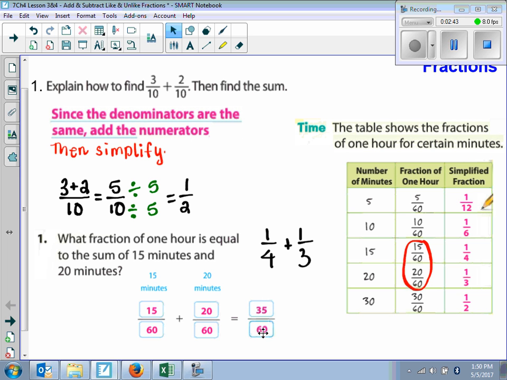Is that simplified? No. So we can go ahead and simplify by dividing by 5. Very good. We divide by 5 in the numerator and the denominator, and we end up with 7/12.